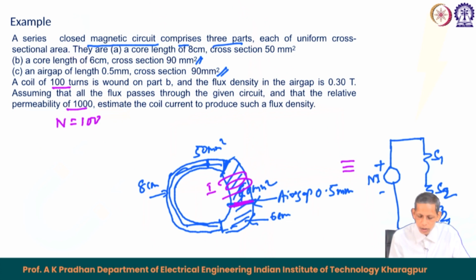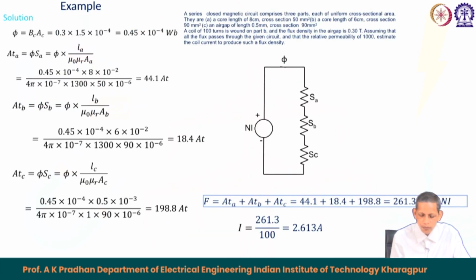So, there are 3 parts and each has its own reluctance, and the combined reluctance will be S equals S 1 plus S 2 plus S 3 because the flux phi is sent through. So, this is also a series circuit case. This leads to, let us say, section A S A, section B S B and section C S C reluctances. So, the combined reluctance becomes S.